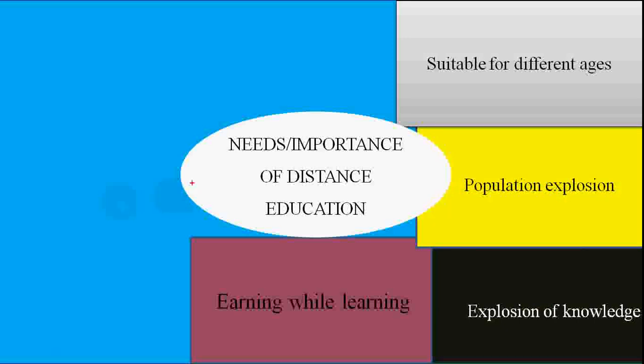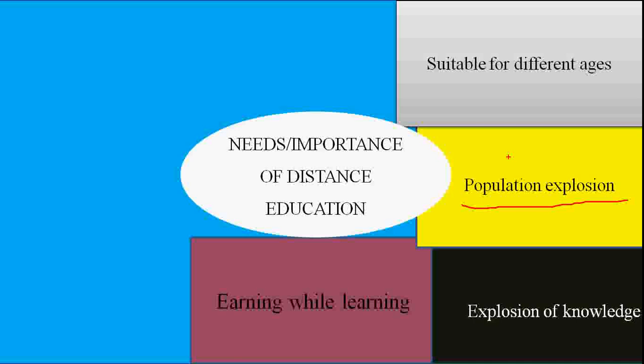population explosion. Okay, so as we know, in our country the rate of population is too high. Actually every day population is increasing. As every day population is increasing, that means what? For all the people of the nation, it is quite difficult for everyone to join the formal education system, isn't it?